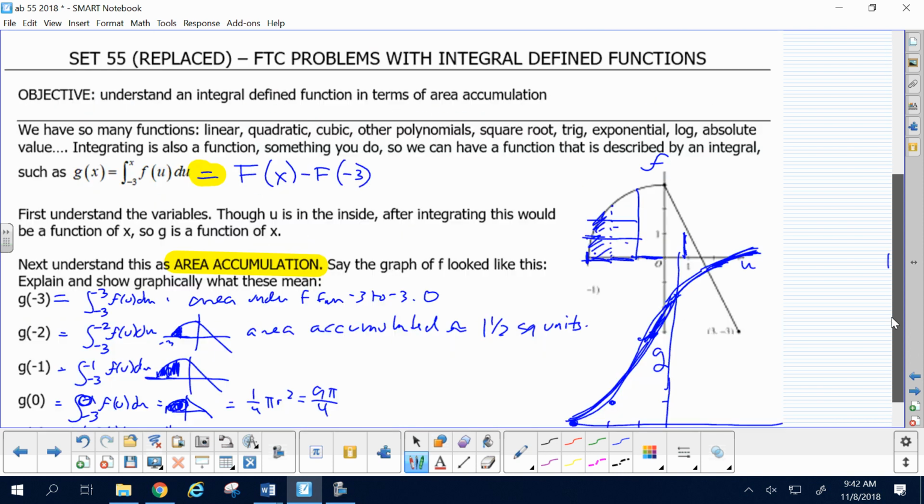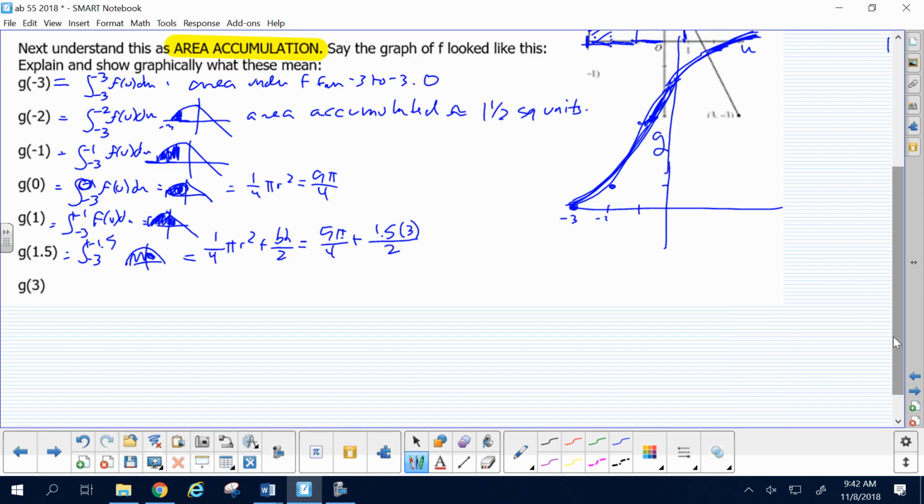But what happens when I go to 3? What about that area? Well, that's -y, so I'll get negative area. This is signed area. So G at 3 is going to be a decrease from where I left off, because when you go into negative territory, you're picking up negative area.